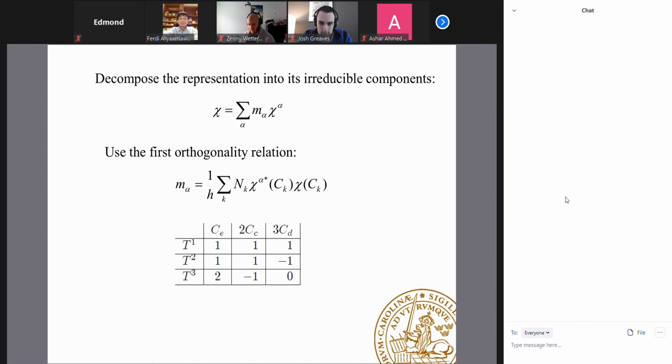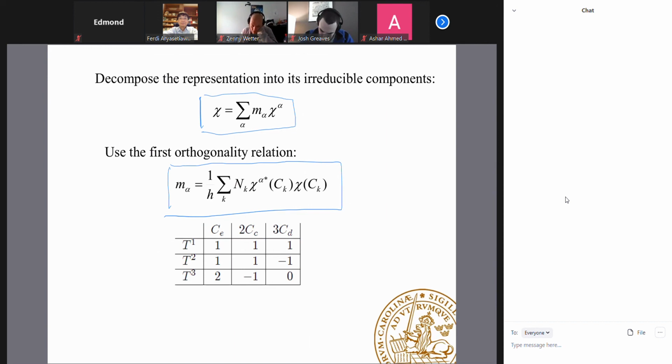We write the character chi, or the trace chi, as the sum over the irreducible characters, like this. Now we use the first orthogonality relations to calculate the coefficients M alpha. And to do this, we need the character table. So we see again that the character table is very essential.